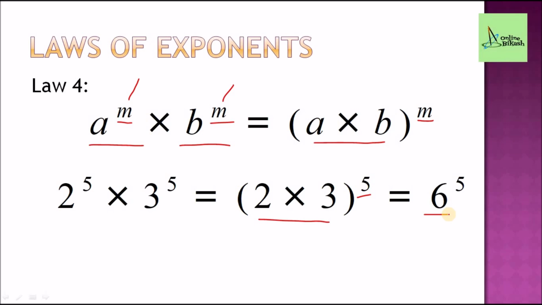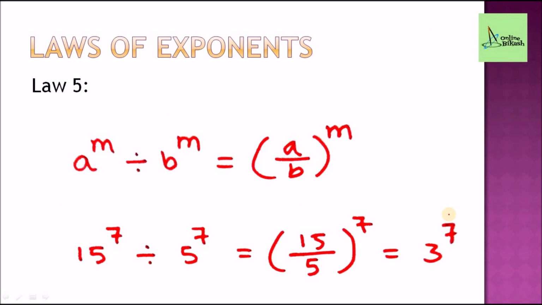Let us see the fifth law. In my laptop I could not write the fraction properly, so I wrote it on a piece of paper with my sketch pen. So here you have seen a to the power m and b to the power m. Both have different bases, but they have the same power, and in this case they are divided.